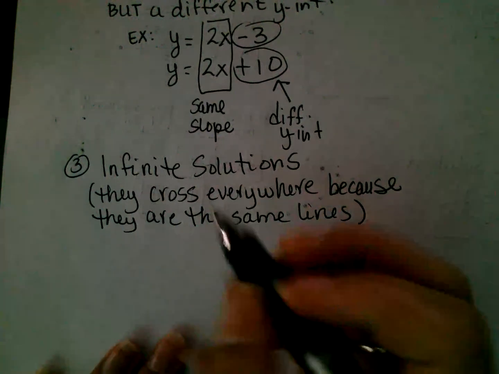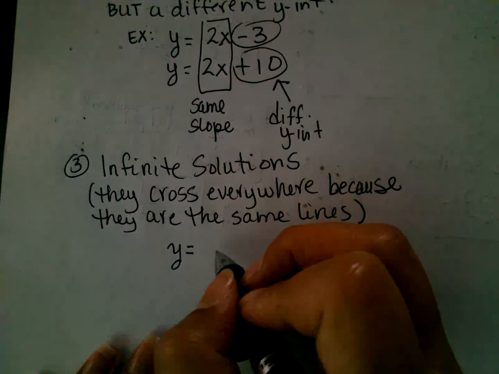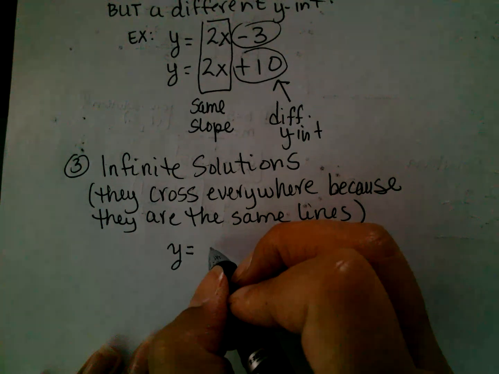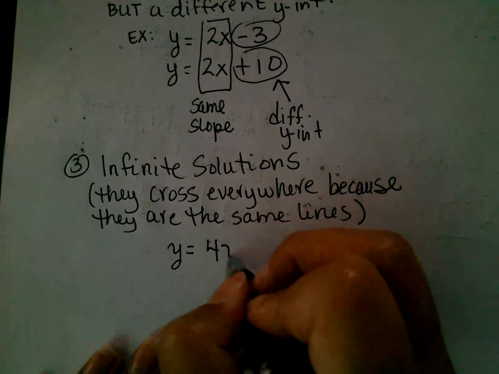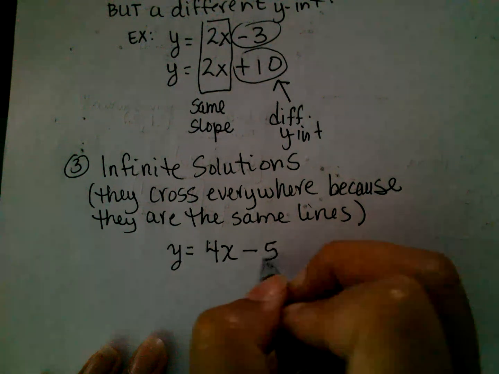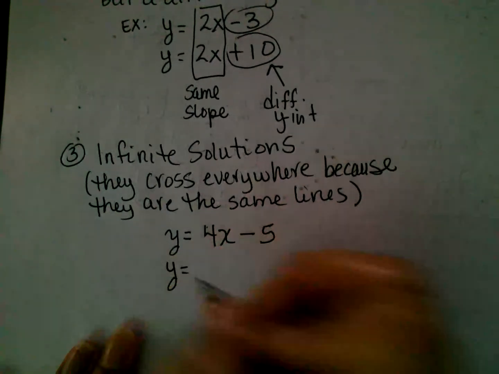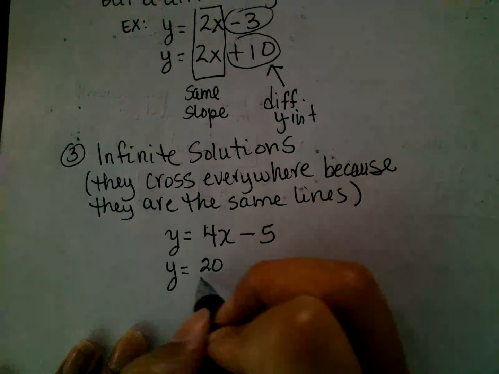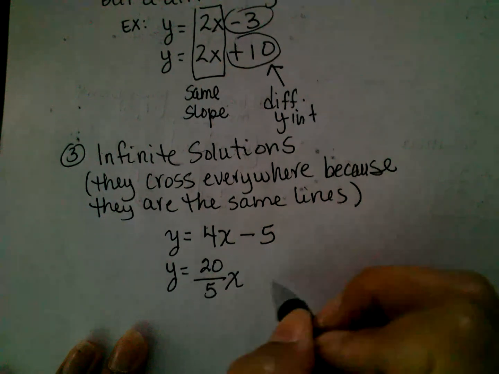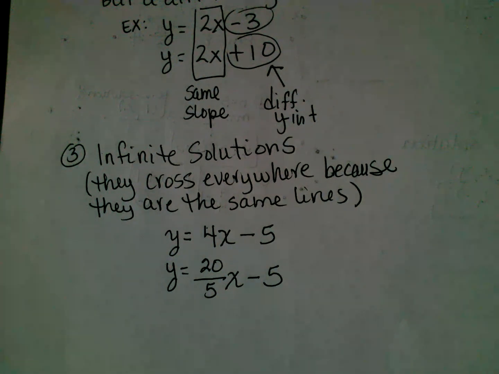So if I gave you y equals, let's see, 4x minus 5, and then I got fancy and gave you this one right here, even though they look a little different, what do you know about 20 over 5?